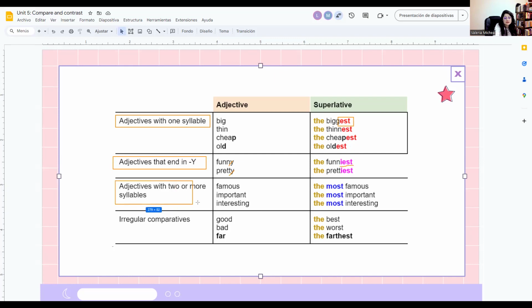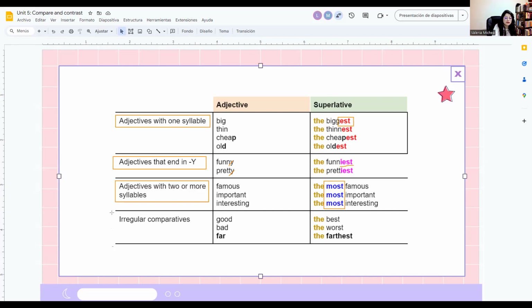Then we have adjectives with two or more syllables, like long adjectives, if you wish. So famous becomes the most famous, important becomes the most important, and interesting becomes the most interesting. Right? So instead of using more in the superlative, we are going to use most, the most famous, the most important, and the most interesting.